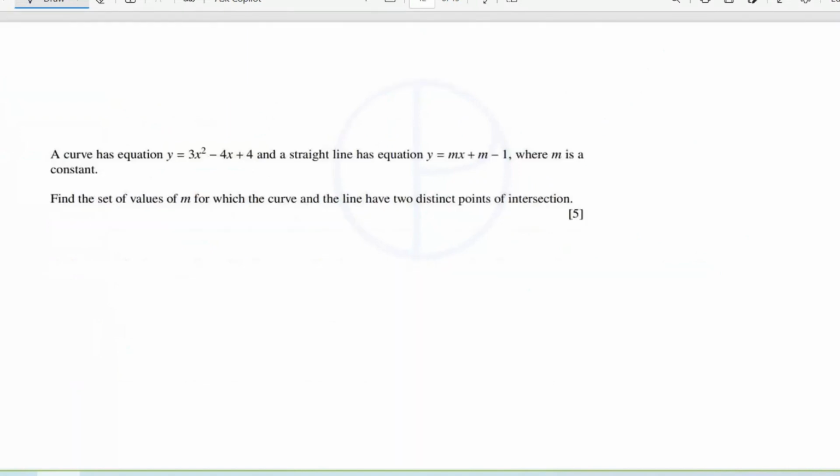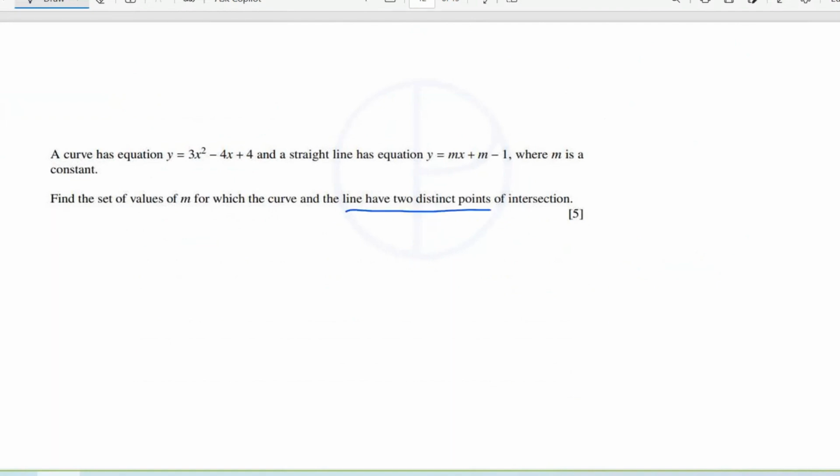Let us look at this example. A curve has equation y is equal to 3x squared minus 4x plus 4, and a straight line has equation y is equal to mx plus m minus 1, where m is a constant. Find the set of values of m for which the curve and the line have two distinct points of intersection.